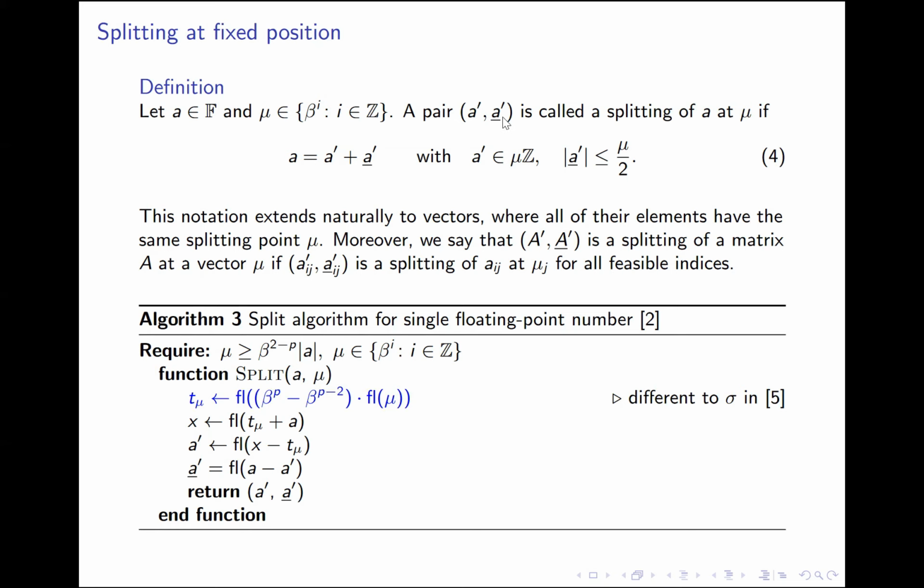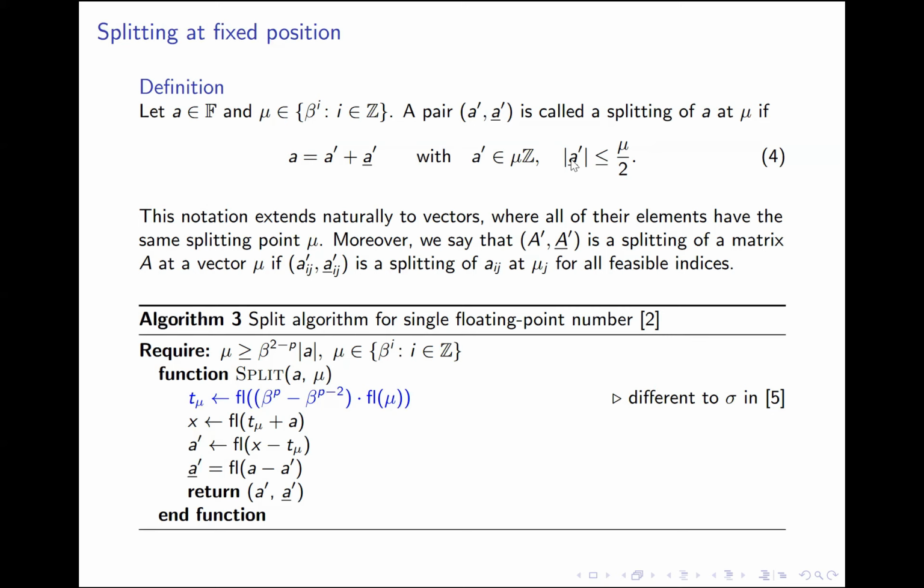So the sum of these 2 numbers will just represent the original floating point number A. So A prime, the first part, is an integer multiple of our splitting number, and the remainder part is bounded by half of this splitting point.